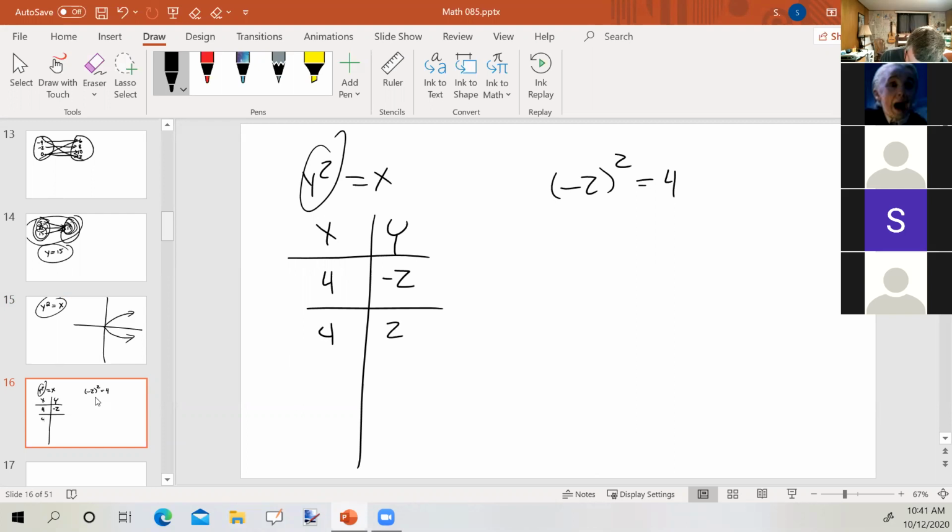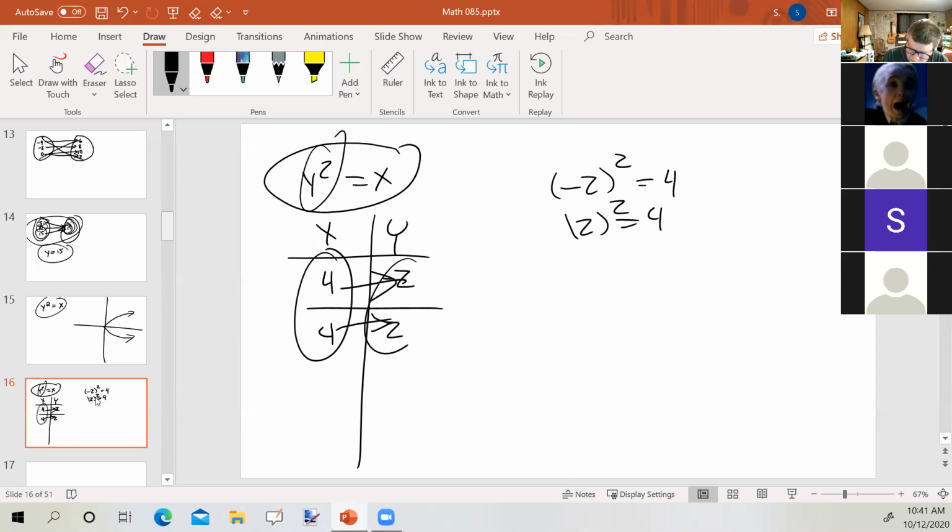What if y was 2? Wouldn't 2 squared also equal 4? So here's an equation. I can graph it, but it's not a function because you've got an input going to 2 different outputs. So it's an equation, but it's not a function. A function has particular characteristics that are predictable. Each input goes to exactly one output.